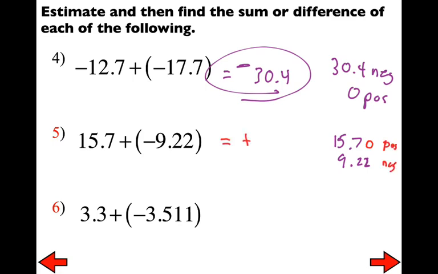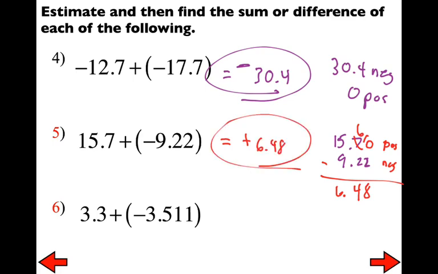So I don't need to write the plus symbol in a positive answer, but I'm going to go ahead and write it down that way. So now the question is, how many more positives do we have than negatives? Well, let's figure that out. Going to have to do some borrowing. And it looks like we have 6.48 more positives than negatives.